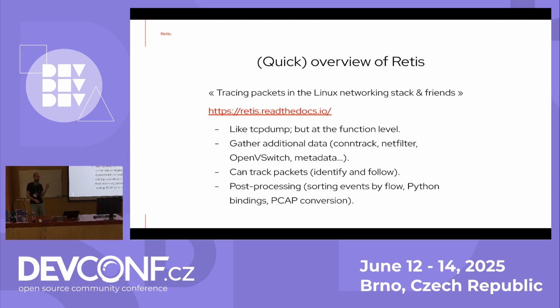So an important thing about Retis is that it can track packets, so that you can reconstruct the flow of a packet. You can see if a packet is the same one or a different one. It also knows quite well about Open vSwitch, which, spoiler alert, will be quite interesting in the next slide.